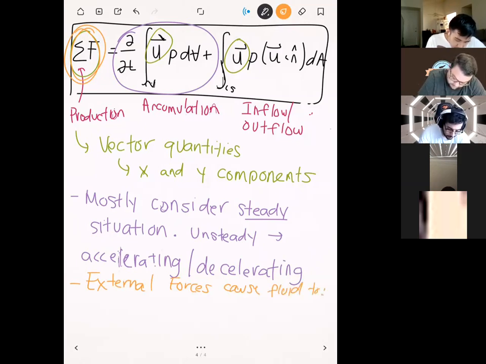In other words, these external forces can cause a fluid to speed up. It can cause a fluid to slow down. These are basically just changes in velocity, at least in the magnitude. And in another case, it can cause it to change directions as well.